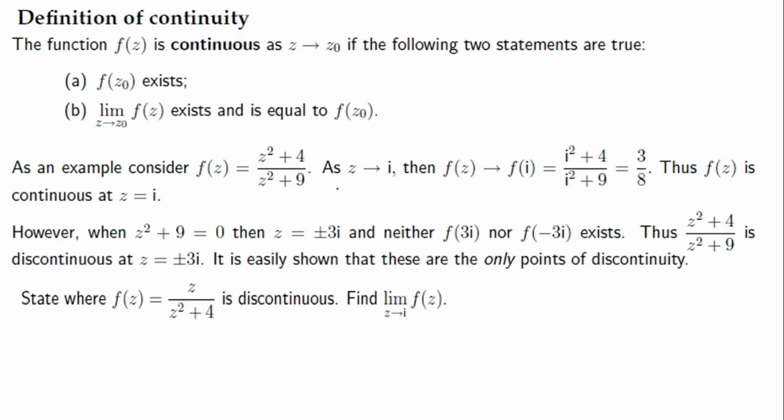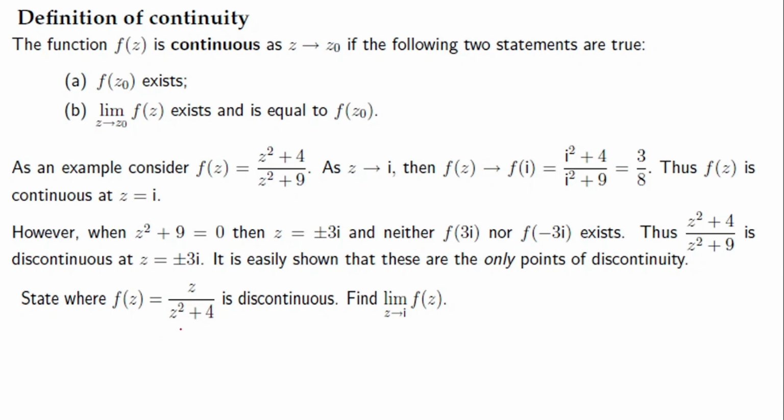Now the question: state where this function is discontinuous, and hence find the limit when z is equal to i. Very straightforward. So what is the point where this function is discontinuous? Somebody should answer me.